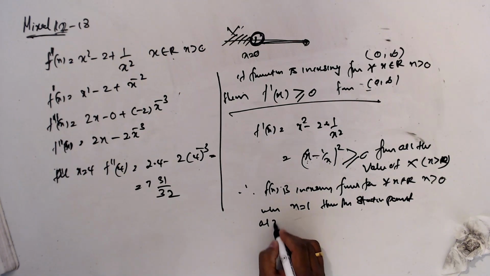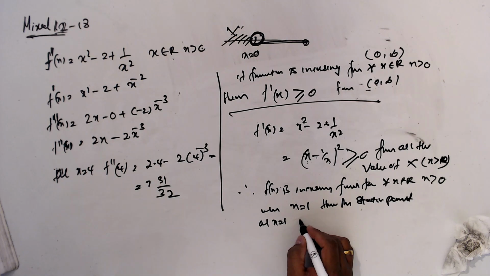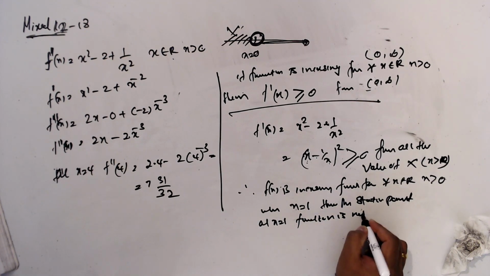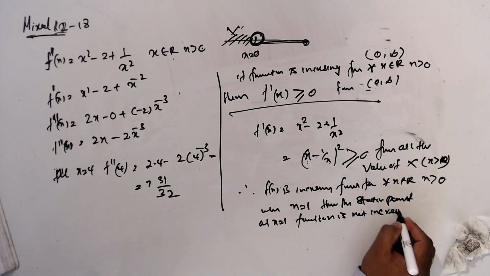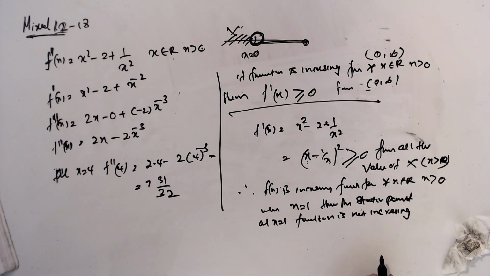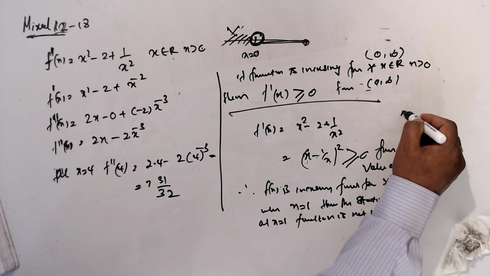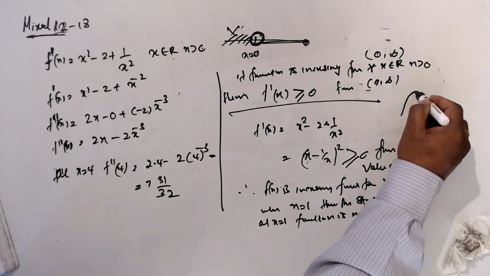So at x equals 1, the function is not increasing. It comes up positively and stops here.